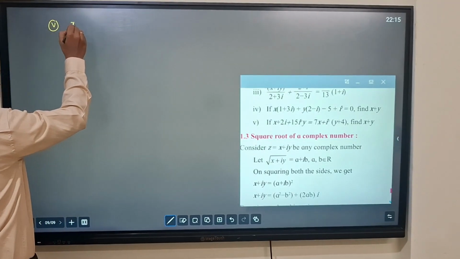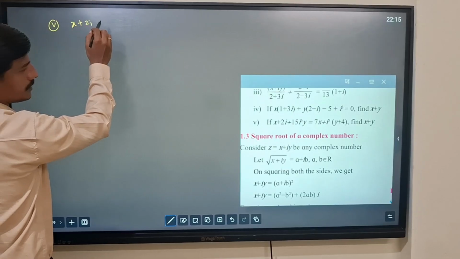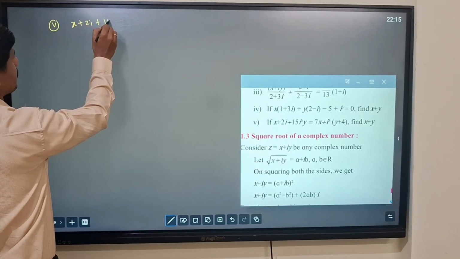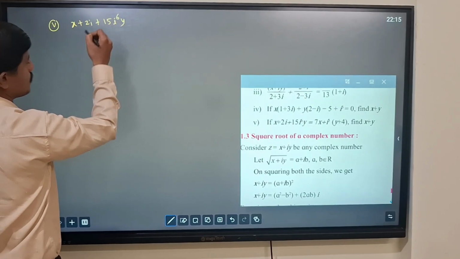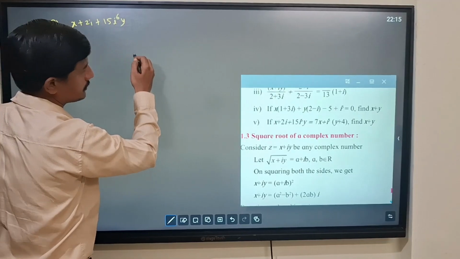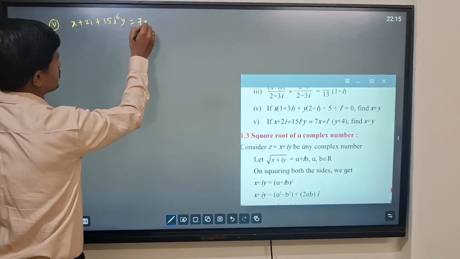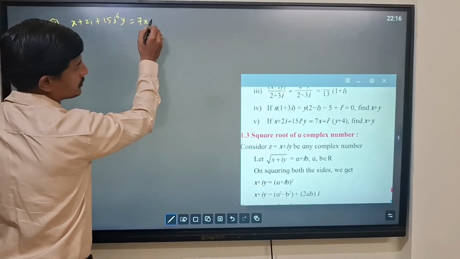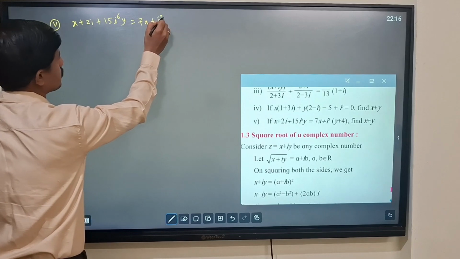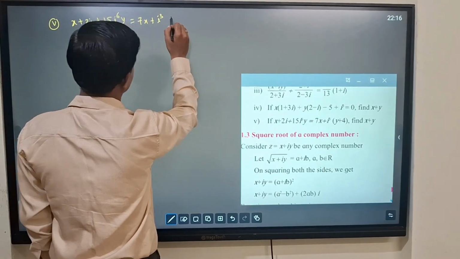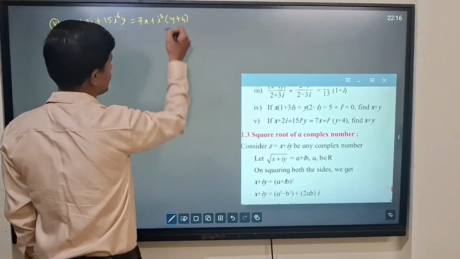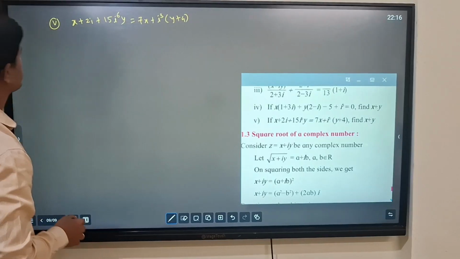x plus 2i plus 15 i raised to 6 y equal to 7x plus i cube y plus 4, find x plus y.